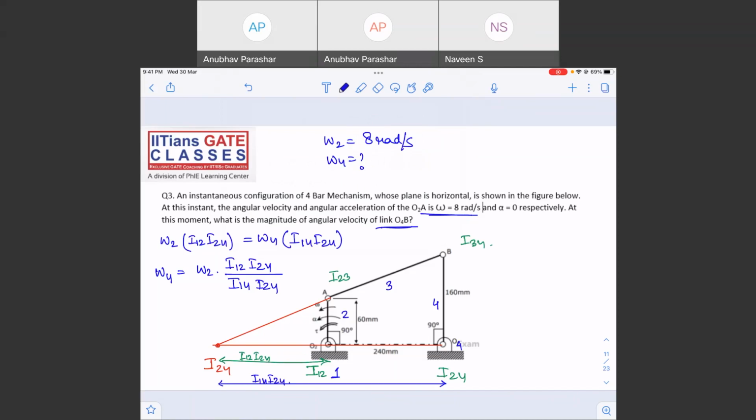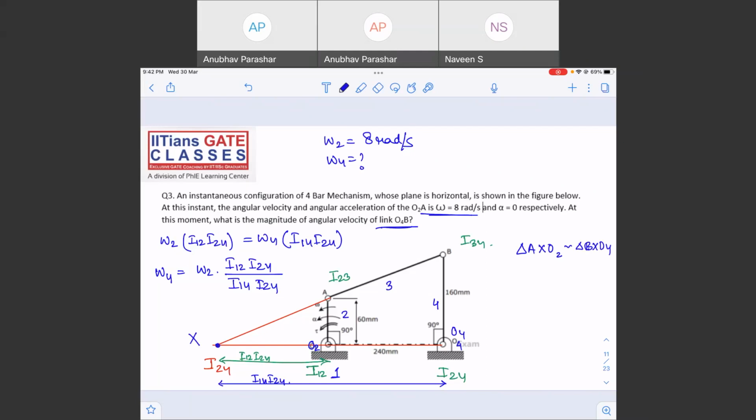Let me say this is O2, this A, B, then this is O4, right? Let me say this is X. Can I say triangle AXO2 is similar to triangle BXO4?